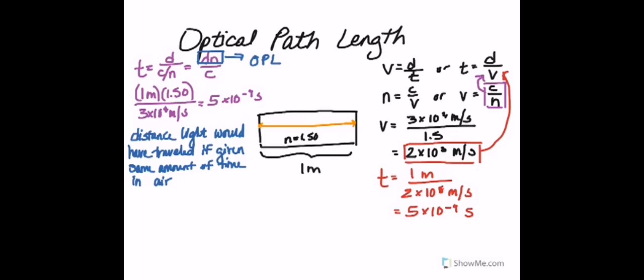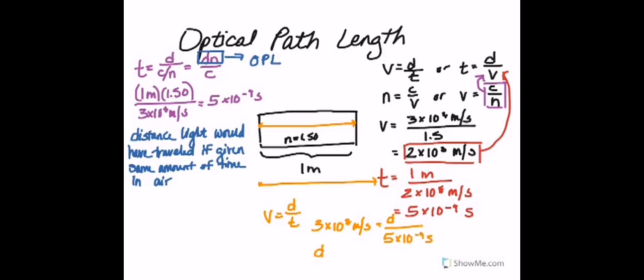And we could look at our example and say that if light in air, we'll consider this ray in air, since it's in air, is traveling 3 times 10 to the 8th meters per second, and we know we're going to use the same time value, 5 times 10 to the negative 9 seconds, we could say that 3 times 10 to the 8th meters per second is equal to the distance we're trying to find, how far could it travel, divided by the time that we're given, 5 times 10 to the negative 9 seconds.